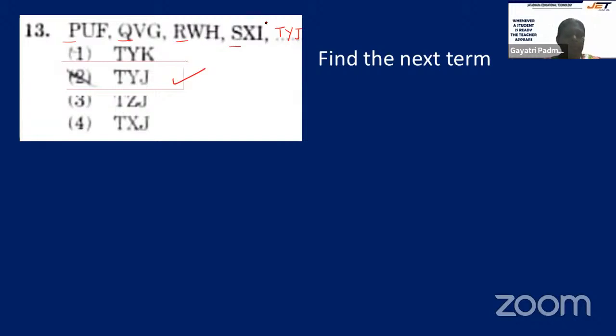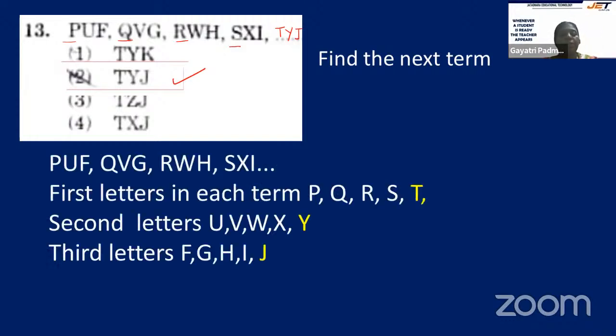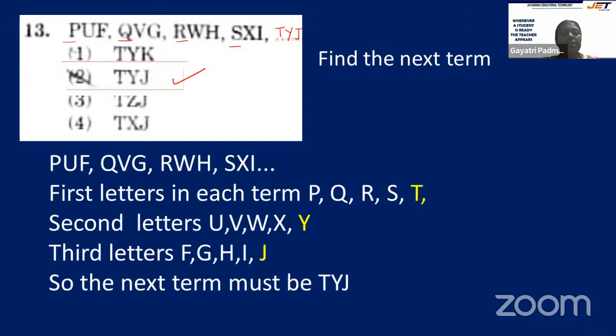So, in this case, we are actually dividing these three letters into three ways. How the first letter is being framed, then how the second letter is being framed, how the third letter is being framed. All right? Yes. So with this, we can conclude this answer as TYJ as your second answer. All right. Next, move on to the next question.